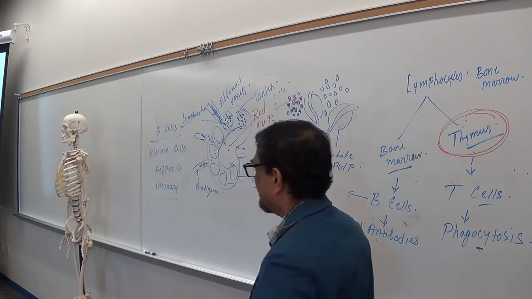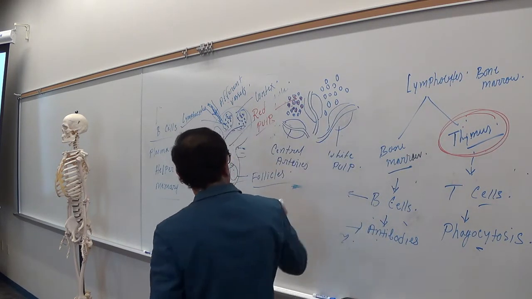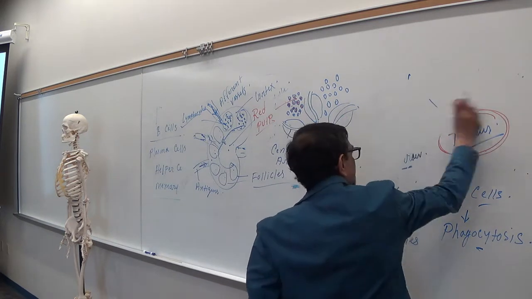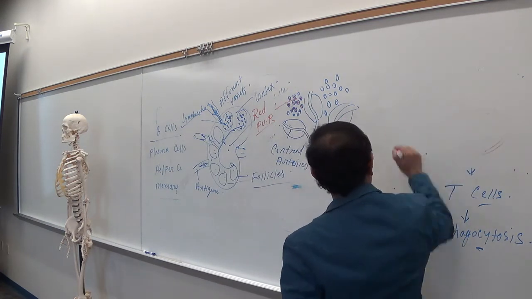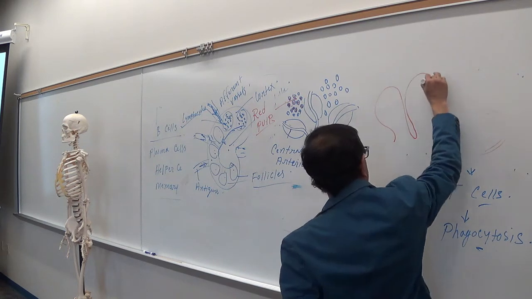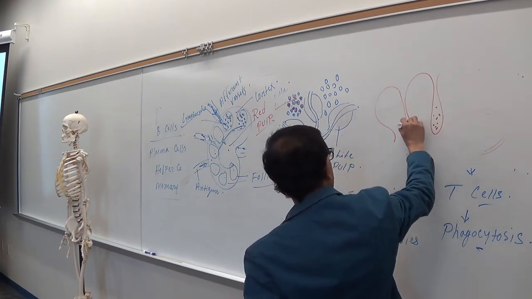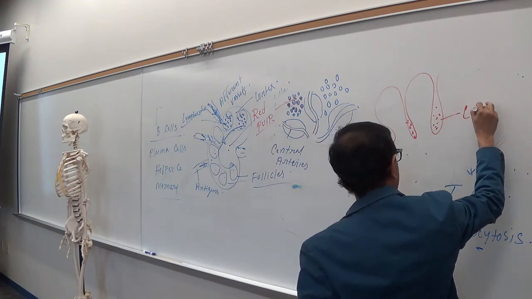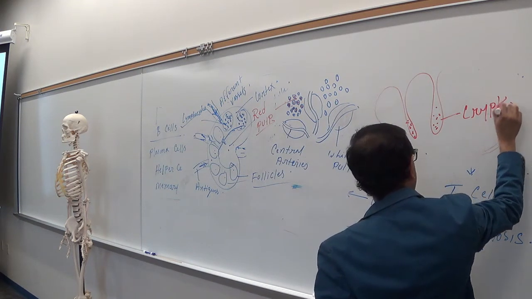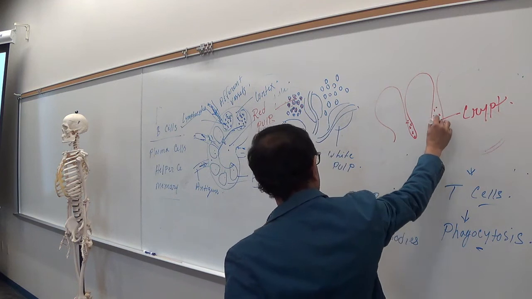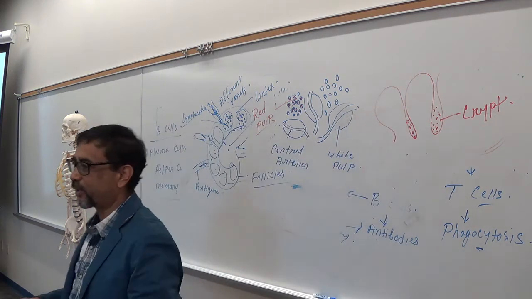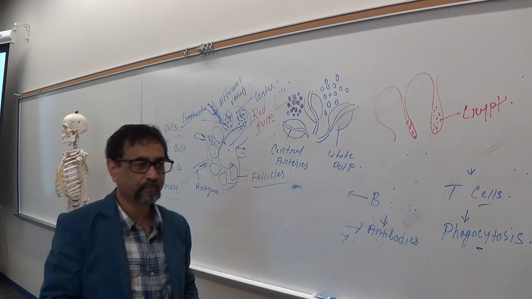So in these folds, plenty of antigens get stuck. These are called crypts. So the fluid with a lot of antigens accumulates there.